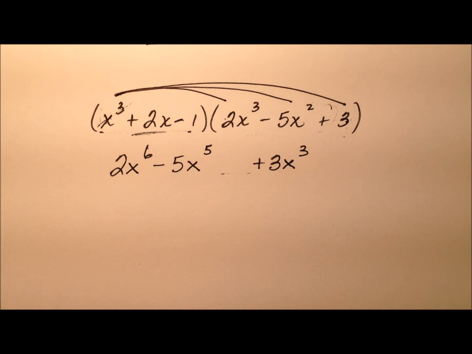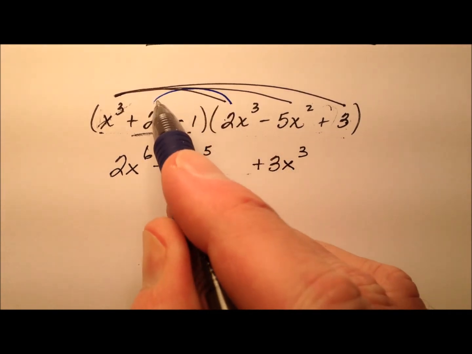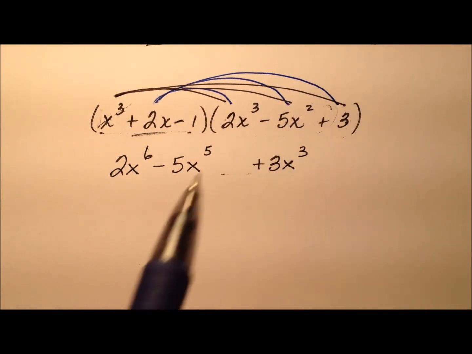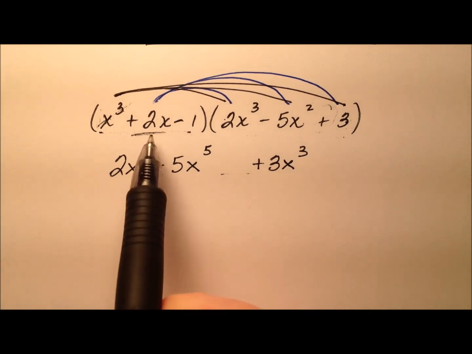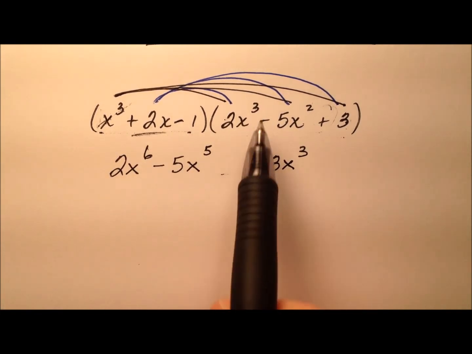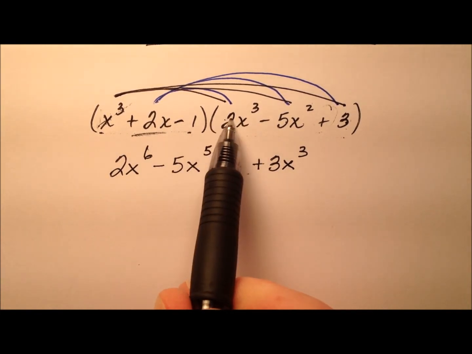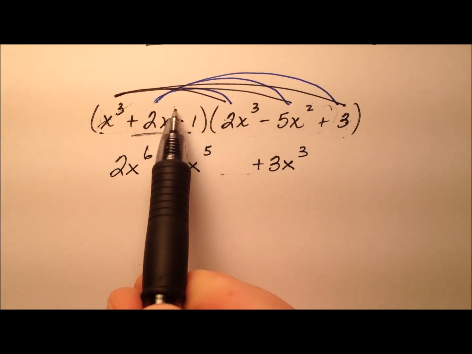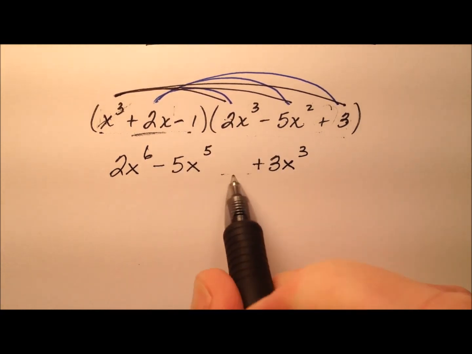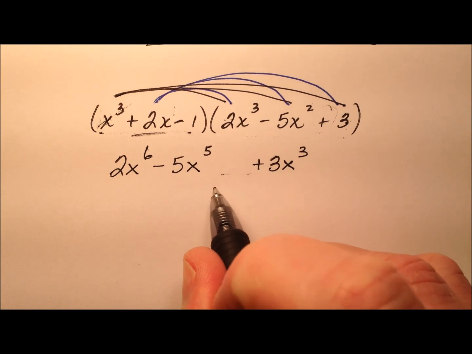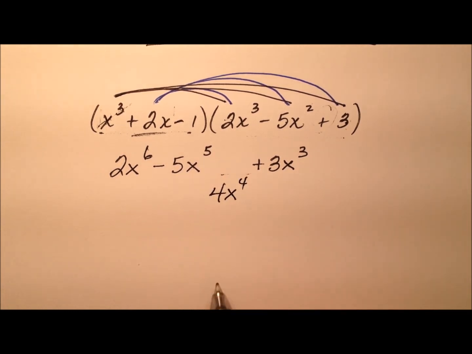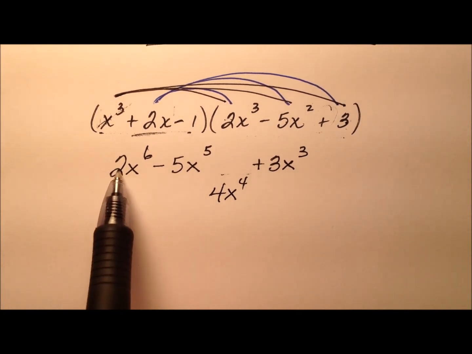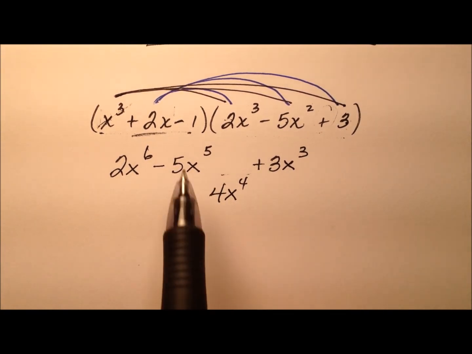And I'm going to take this positive 2x and distribute it to all 3 of these terms there. So positive 2x times 2x cubed, well, 2 times 2 is 4, and x to the 1st, so 1 plus 3 is 4. Here is going to be this quartic term, so positive 4x to the 4th. It's nice that I left that space in there because I filled it in with this x to the 4th term, so I can keep everything in standard form.